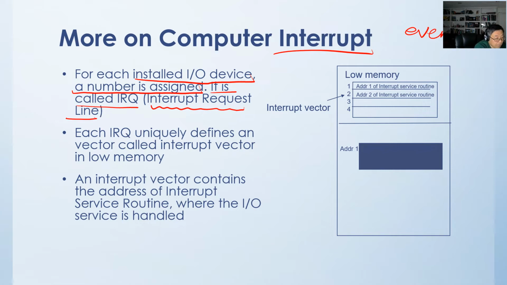So, for example, if you connect a computer printer to your PC. Remember, in the past, when you connect any device, you need to install a CD, right? We call this a device driver.